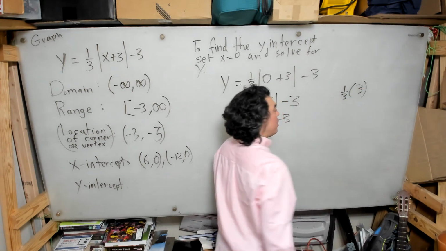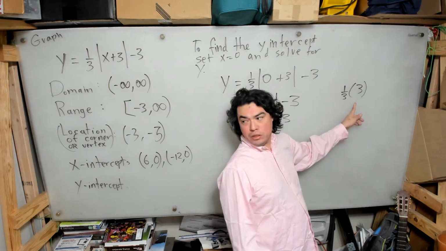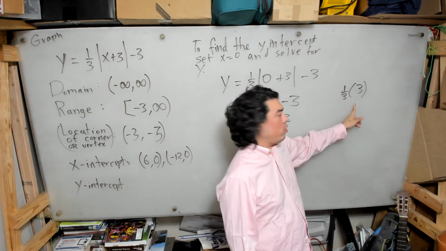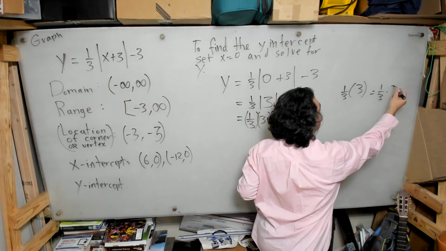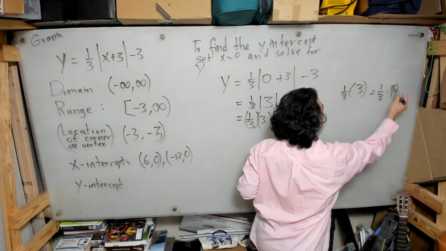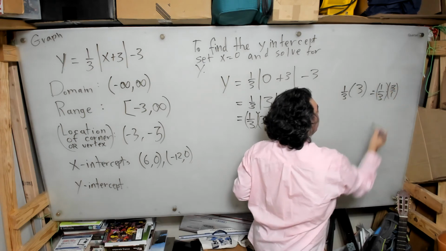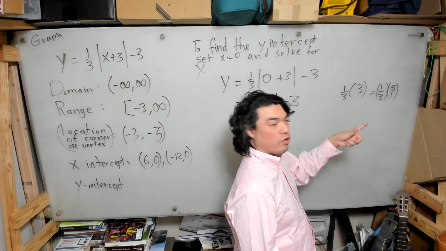The first thing I'm going to do is I'm going to rewrite this as a fraction. It can be rewritten as 3 over 1. So this is equal to 1/3 times 3 over 1. Okay? And now, how do we multiply fractions? We multiply fractions across, right?